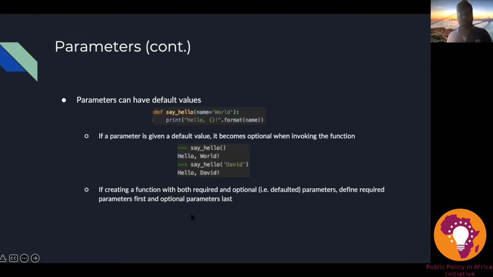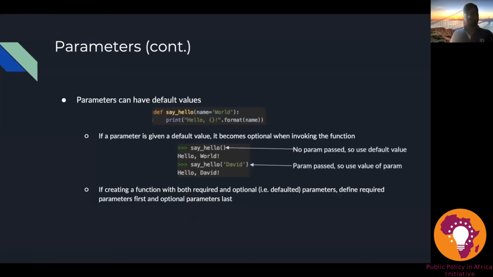If creating a function with both required and optional parameters, define required parameters first and optional parameters last. So if you have a function with one required parameter and another with a default value that is not required, place the one with a default value at the end and the one without a default value at the start.